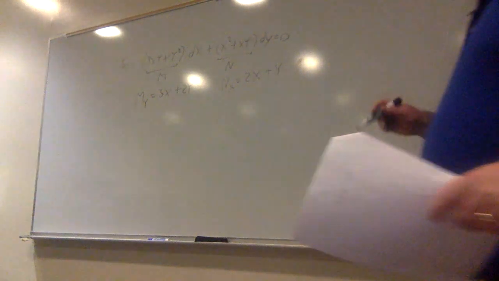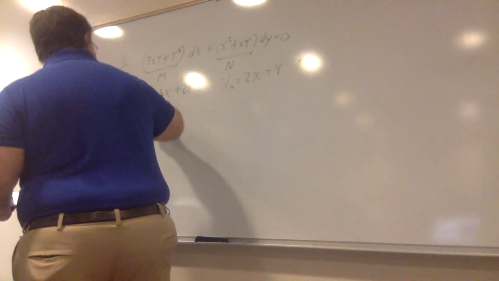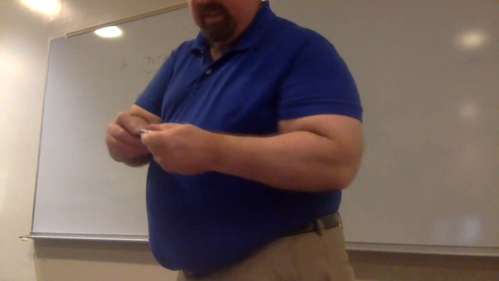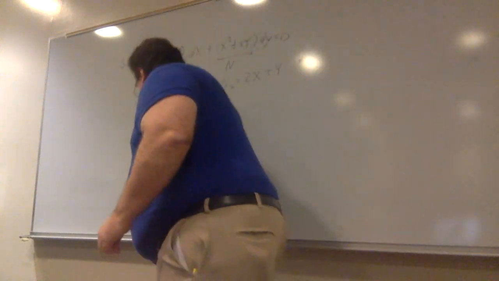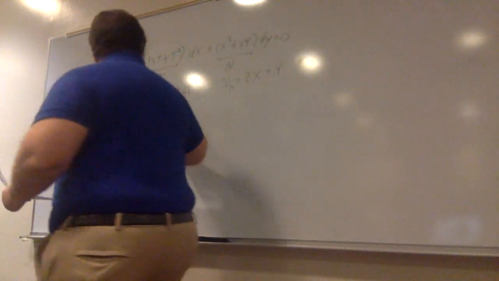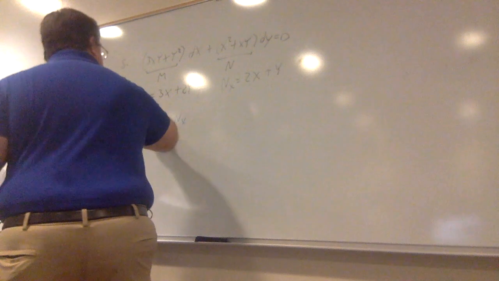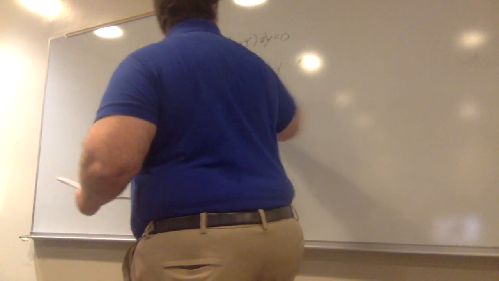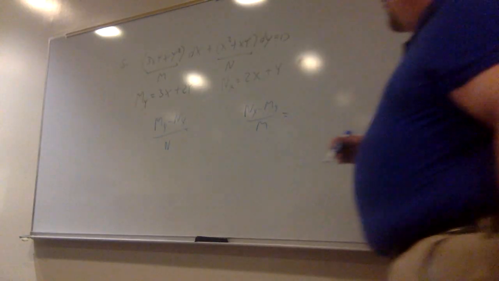This is not exact. An integrating factor is required. So what you examine is (my minus nx) over n, and (nx minus my) over m. If this one is a function of x, or this one is a function of y, it can be used as the integrating factor.